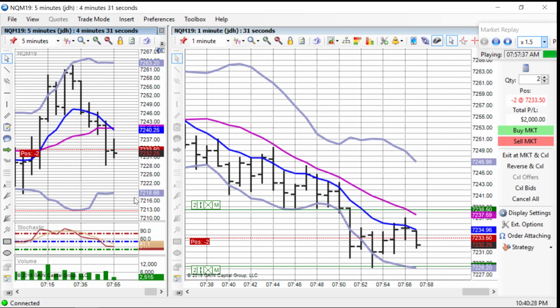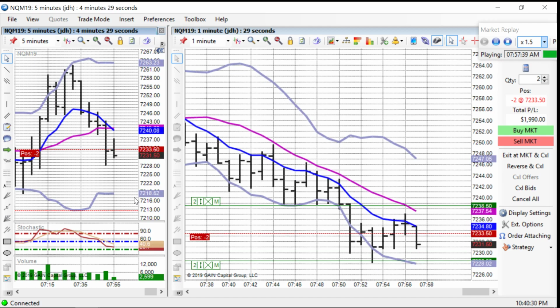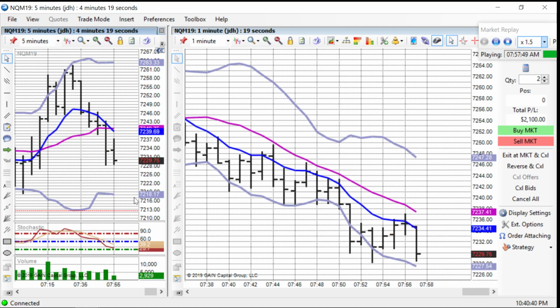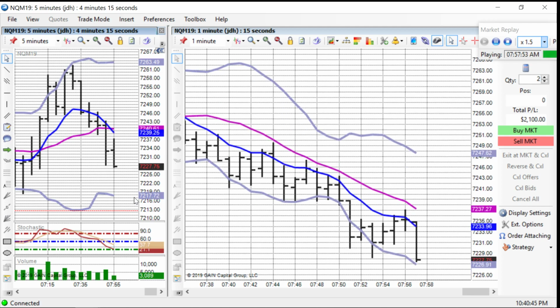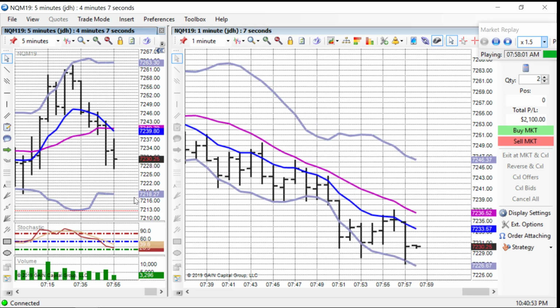Even though it's pretty slow, still not out of the congestion zone right here. Just that looks like a breakout through support. And okay, it's not making it easy to hit these targets, but still hitting them.